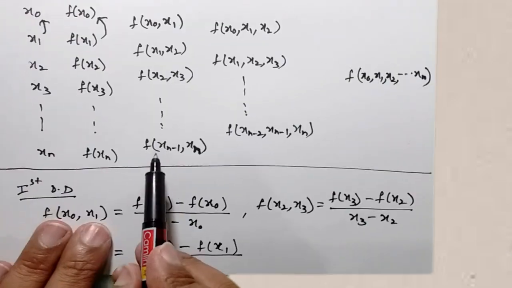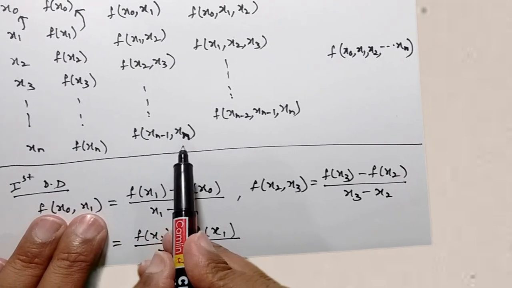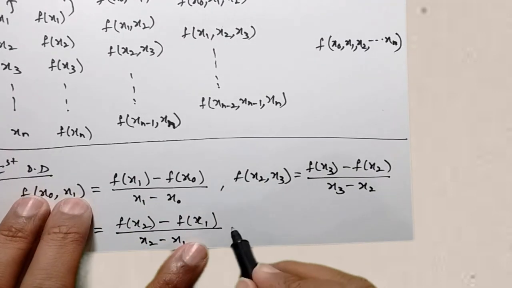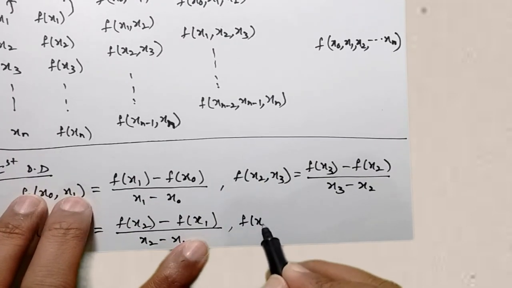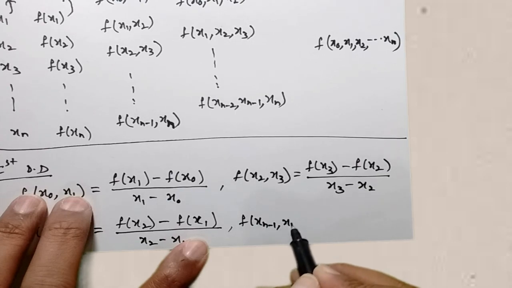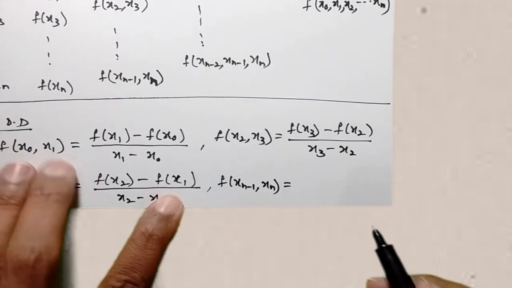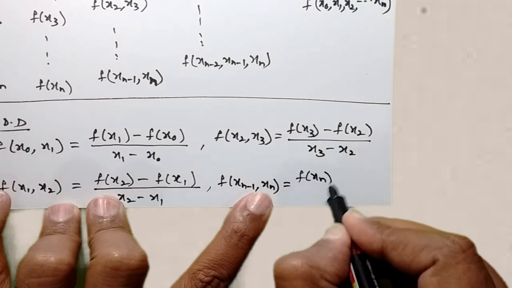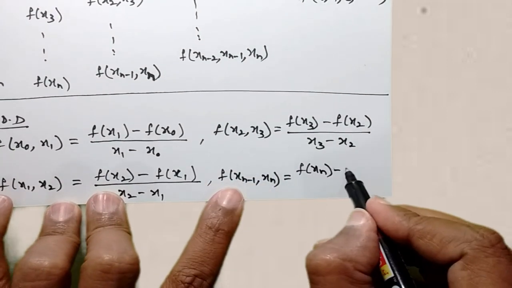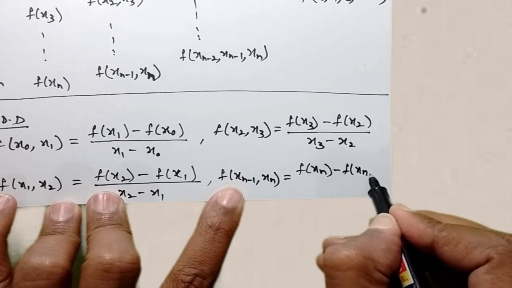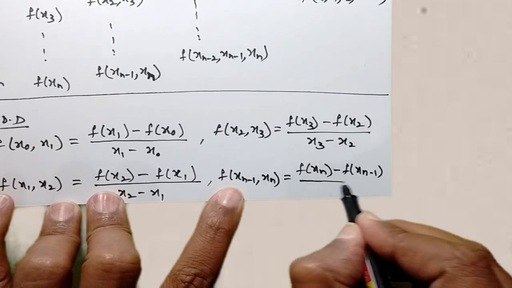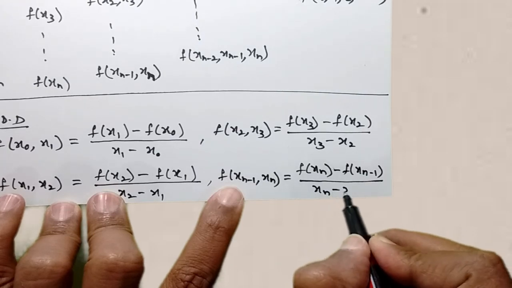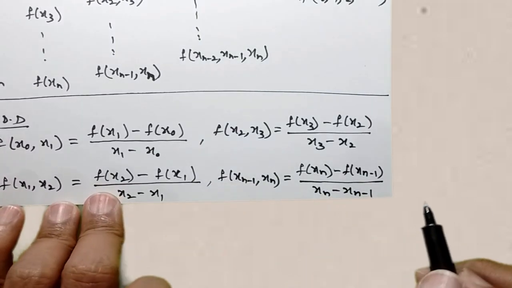Similarly, if you want to write down the final value, f of xn minus 1 comma xn, then you write f of xn minus f of xn minus 1, the function of the second value minus the function of the first, divided by xn minus xn minus 1.